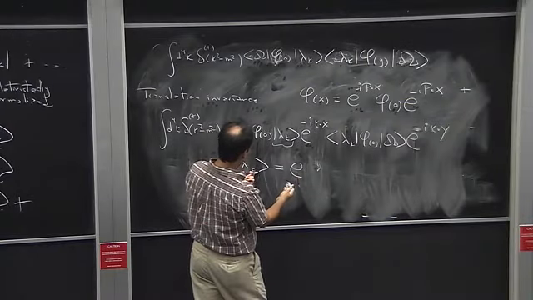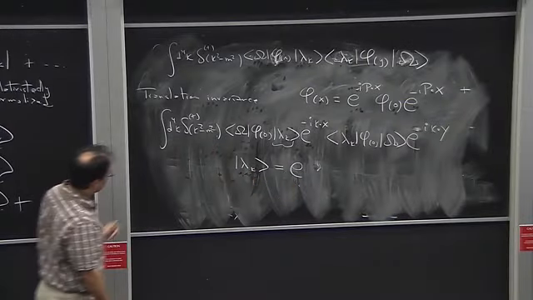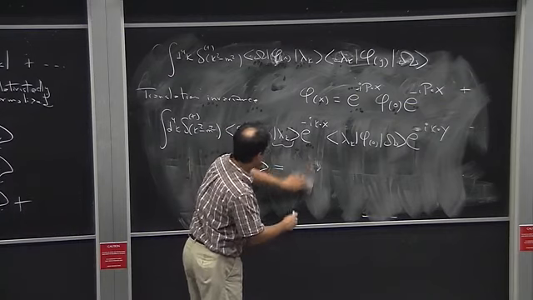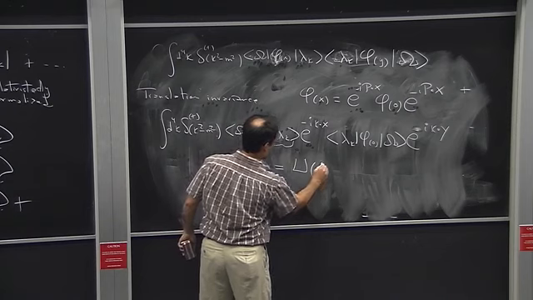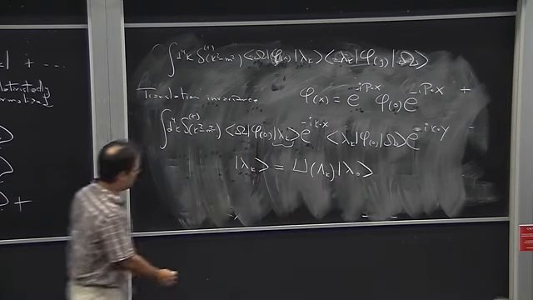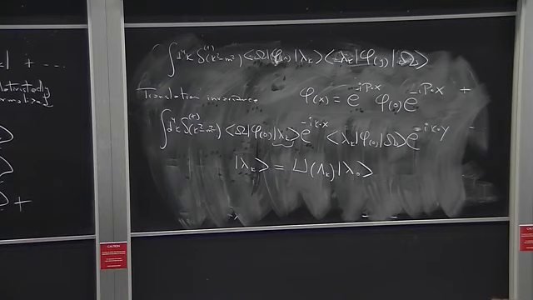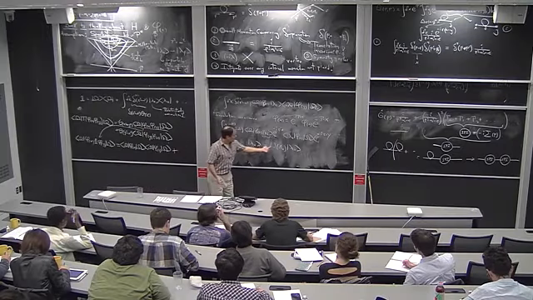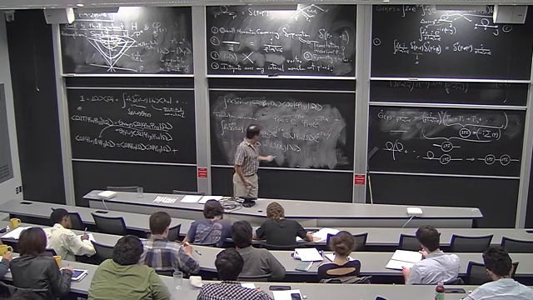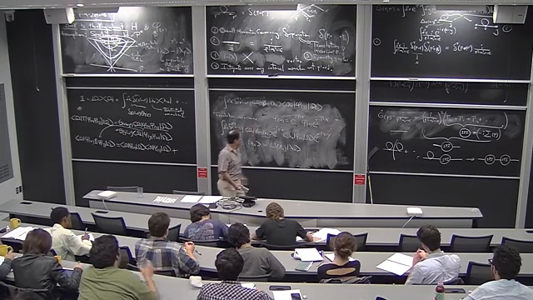So we connect it by applying a boost. Here we are assuming that these are scalar particles. So there is nothing else that we pick up. There is a unitary operator that connects this guy with this, okay?